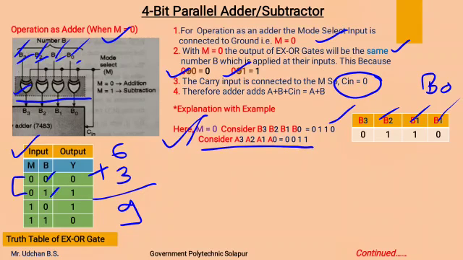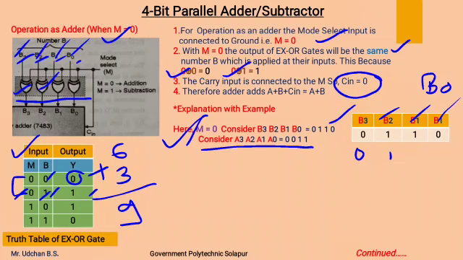So the output of the XOR gate will remain 0 for the B3 case. Now if we observe B2, B2 is 1 over here, and the other input to the second XOR gate is M, that is 0. Now when M is 0 and B2 is 1, the output is 1. So B2 will also remain 1 at the output of the XOR gate.